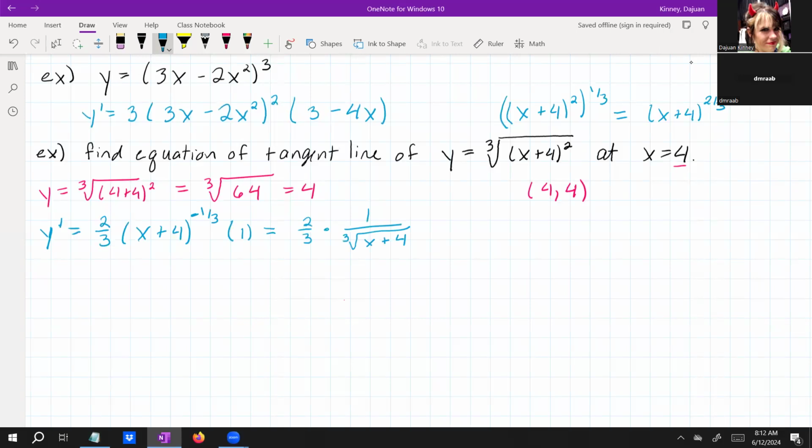Okay, so I get 2/3 times 1 over cube root of x plus 4. I could simplify more, but I'm not.